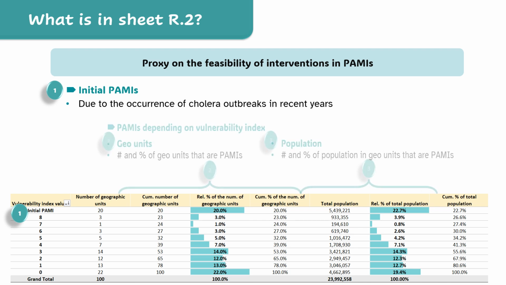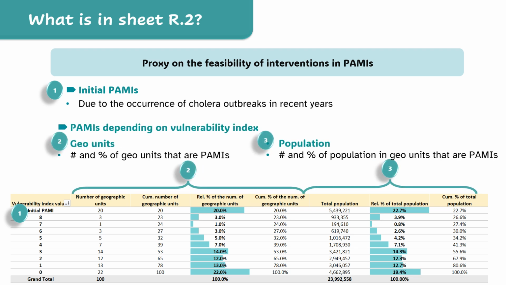This table also provides relative and cumulative figures by vulnerability index value. Cumulative figures on geographic units and on population are proxy to assess the feasibility of the NCP if the vulnerability index threshold was the selected table line.